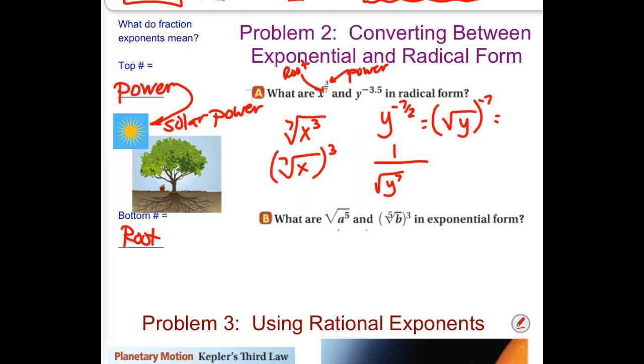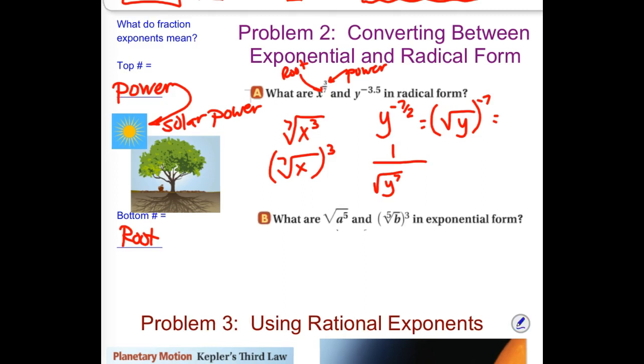In the past, we've said you can't leave radicals in the denominator. What would we need to do to rationalize that? We need to multiply by what? We're doing square roots, right? So we need a square root of something.